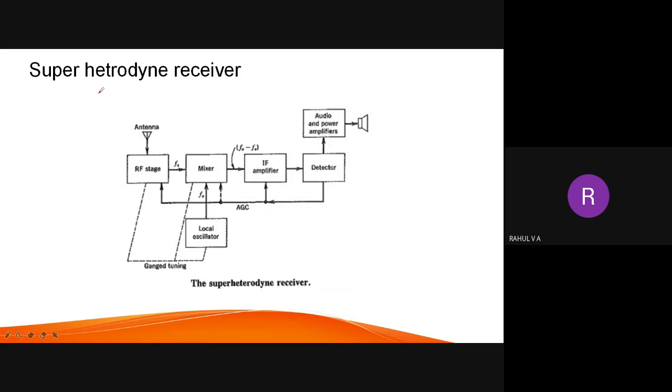Now we will learn about a receiver circuit that is known as the super heterodyne receiver. Receiver means an FM receiver or radio receiver. We know that from the radio station they will be transmitting a high frequency signal.